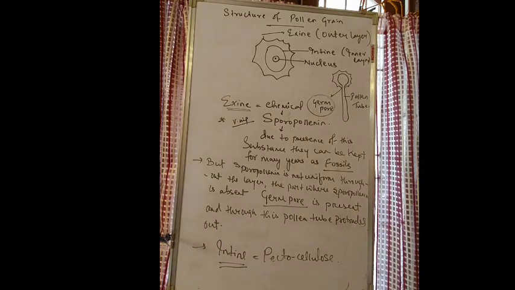So that is about pollen viability, the time period for which they are able to germinate after falling on the female organ. It also depends upon environmental conditions like temperature and humidity. So this is about the structure of the pollen grain.